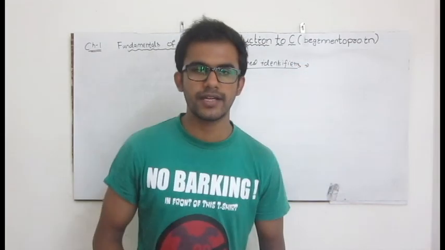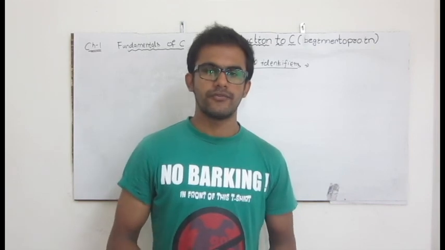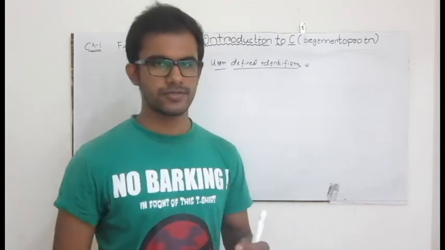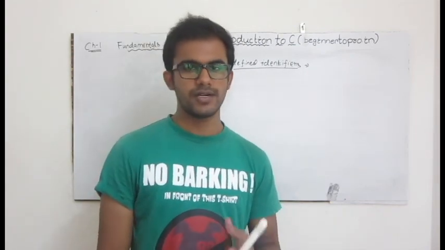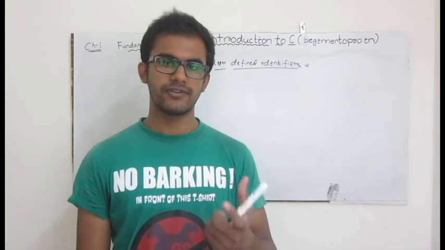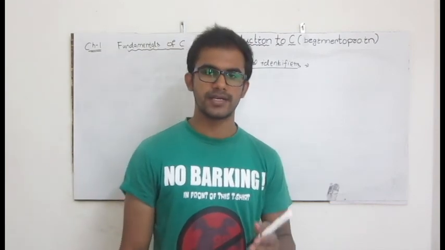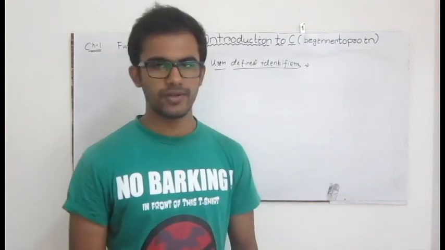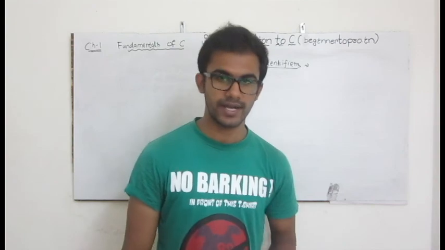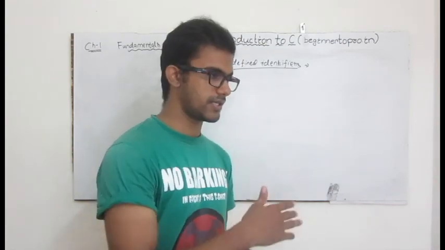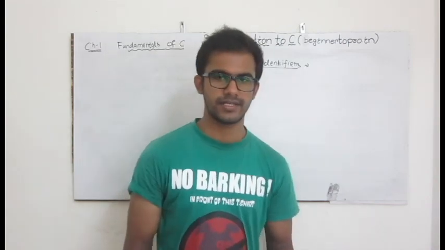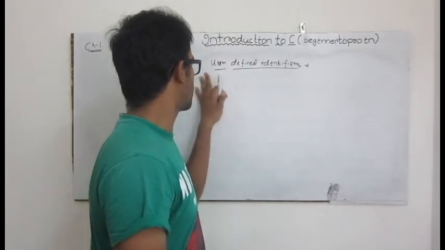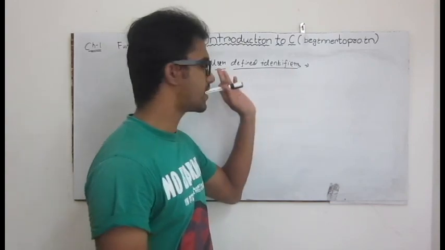The user defined identifiers are nothing but we choose our own identifiers to name memory cells that will hold the data and program results and to name operations that we define. We have also studied earlier about the standard identifier. It's nothing but the name that is related to the memory cells only.